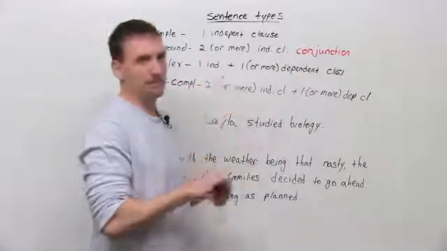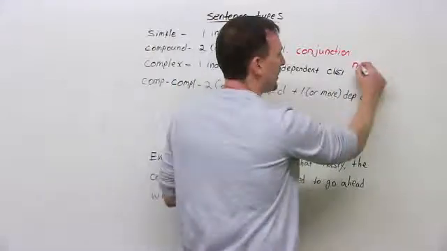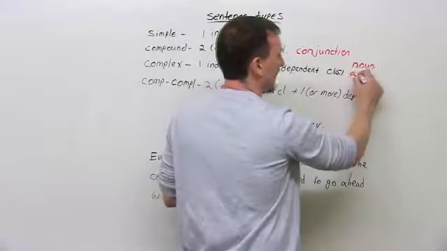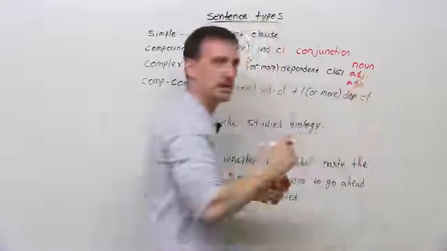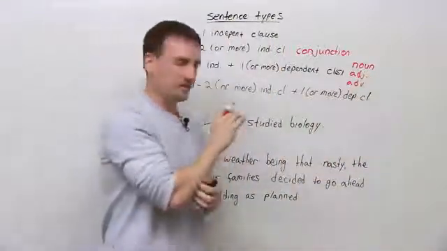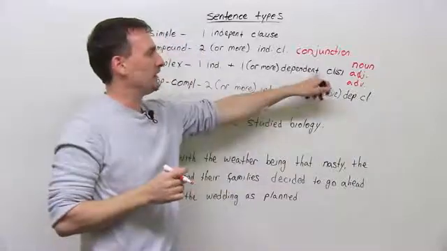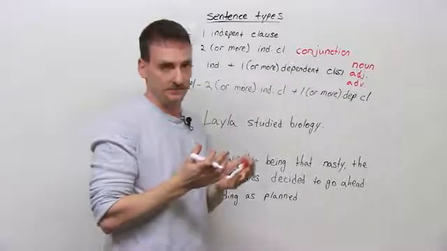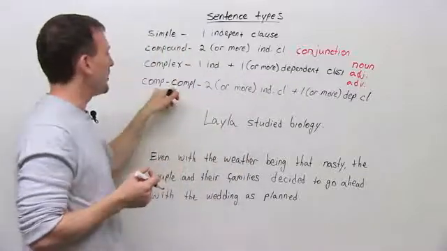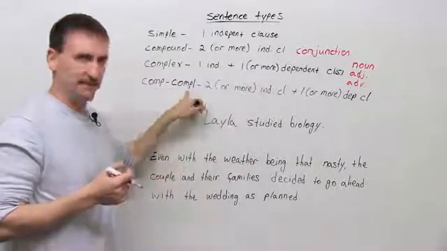We have 3 types of dependent clauses: noun clauses, adjective clauses, and adverb clauses. Okay, that's a whole separate lesson. You can look at that later, but you have to have one of these plus one of these, and you have a complex sentence. Next, we have a compound complex sentence.